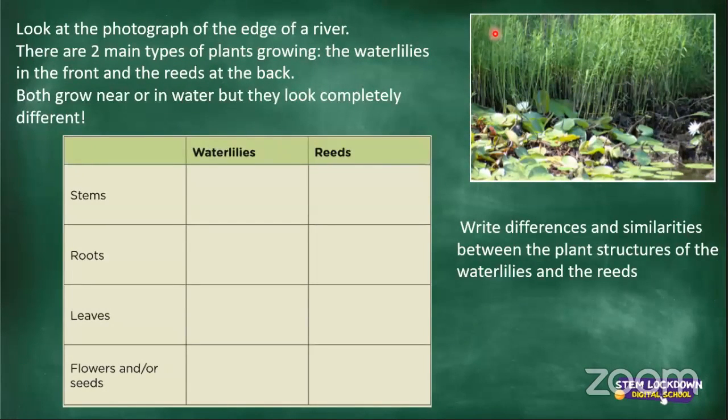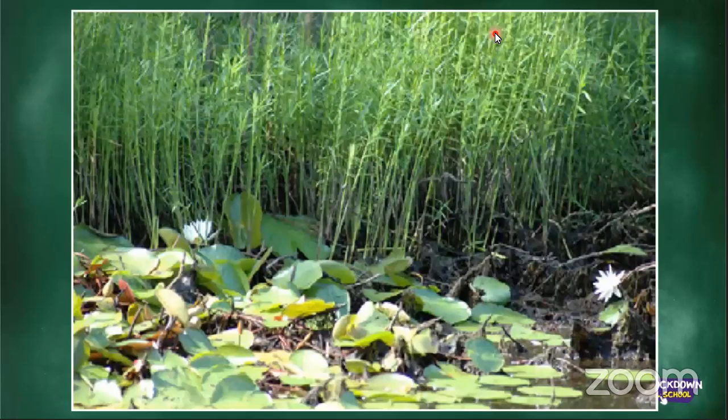Here is a guide for you. We are specifically going to look at the stems. Now tell me, what can you see about the stem of the water lily? Let's look at the bigger picture quickly. Here are stems, those ones.